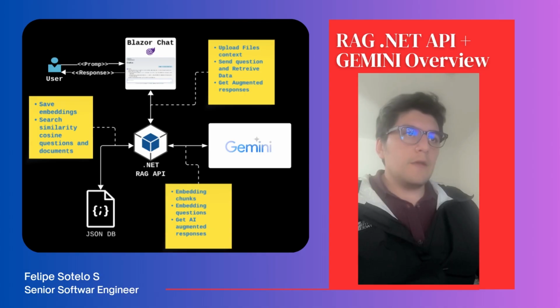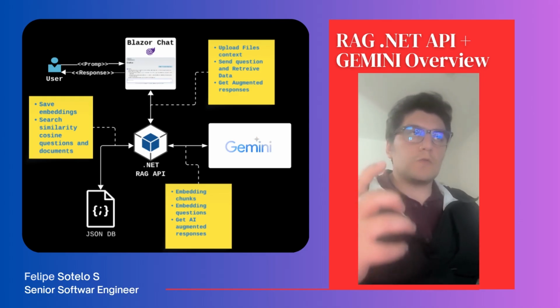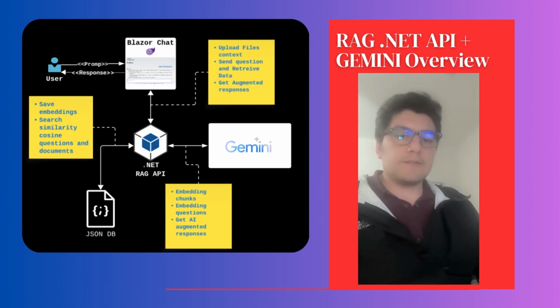And .NET has these responsibilities with the Gemini LLM, that is embedding chunks, embedding questions, and get AI augmented response from the Gemini LLM, and finally return the information up to the chat in this case.